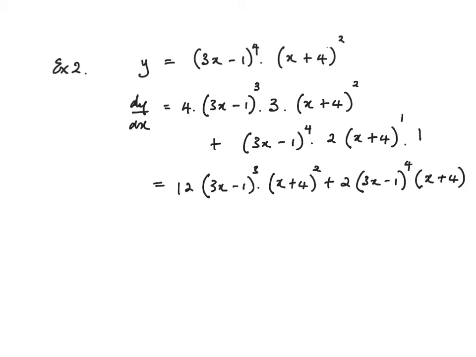Now, in a problem of this sort, what we've done already would get you 2 marks out of 3. Quite often you're expected to simplify. In this case we can take out a common factor. We can take out 2, we could take out 3x minus 1 to the power of 3, and then x plus 4 to the power of 1.